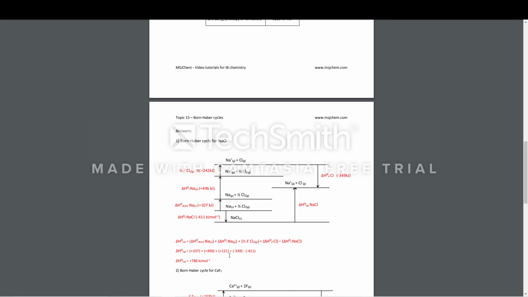Oh, I see, because we didn't calculate the 1/2 here. So let's just copy that and add a 1/2 there. Okay, now it gives us 786, right? Yeah.